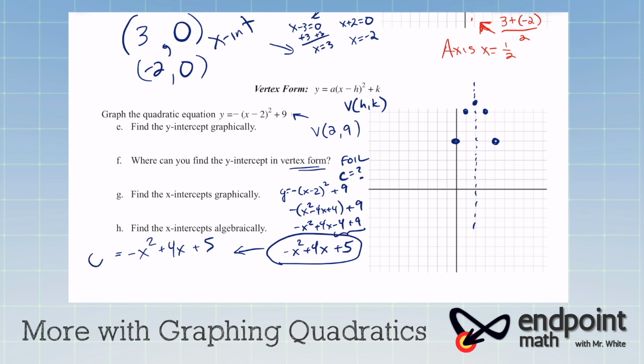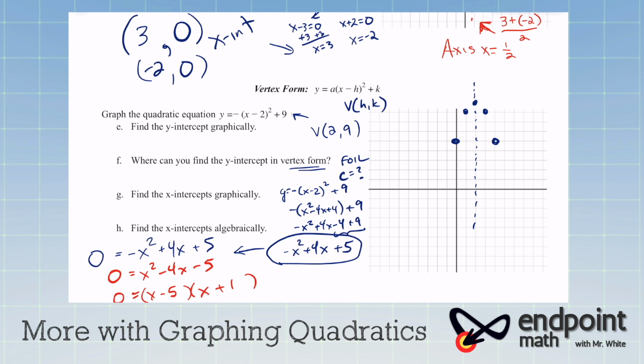We set that equal to 0, and then we solve the equation. The first thing I'm going to do is divide both sides by negative 1. I'm going to change all the signs. That's a legal move, and sometimes it's really helpful to change all the signs. So then I factor (x minus 5)(x plus 1), and I've got bazillions of factoring videos on my channel, so check those out.